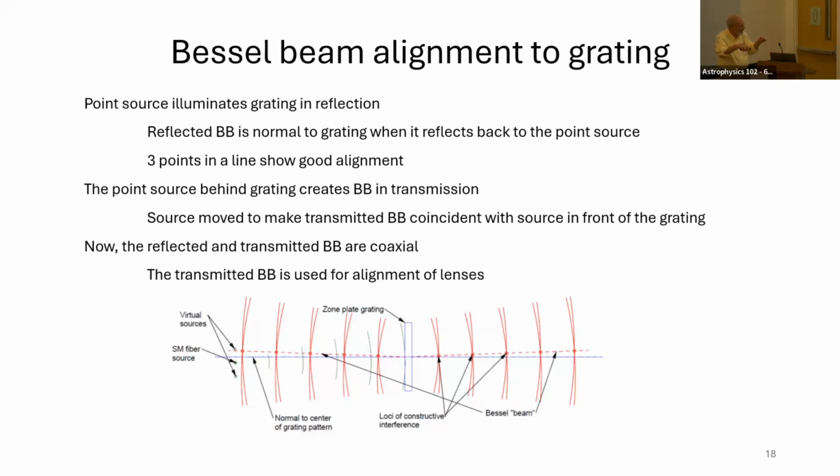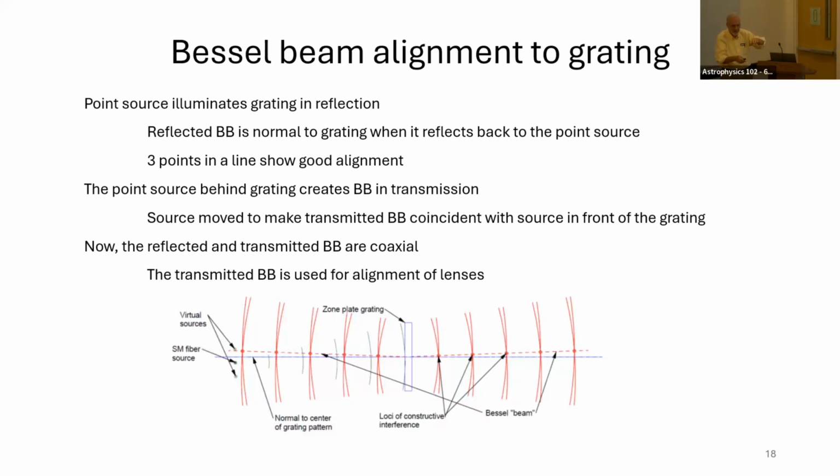When I get the reflected beam right back in the middle of my crosshair, I know my source is on the normal to the center of the grating. Then I come over here to do the transmitted part and move the source until again it comes back on the crosshair. Then I know the transmitted and reflected beams are coaxial.